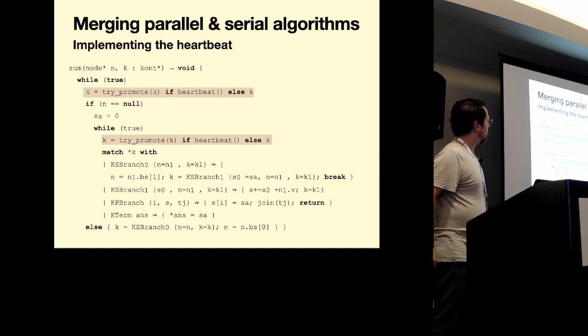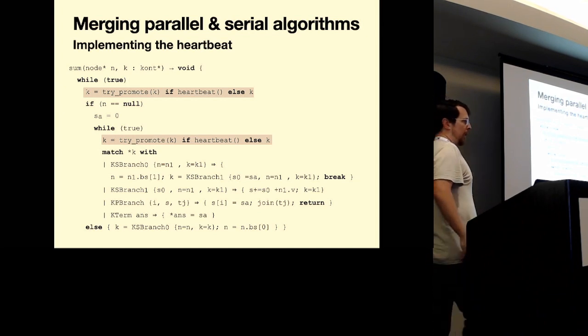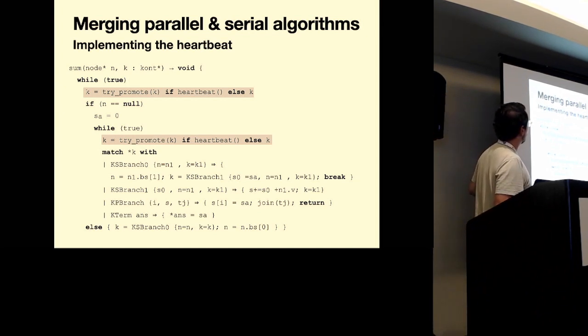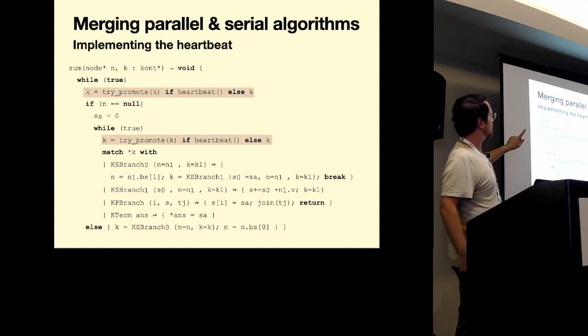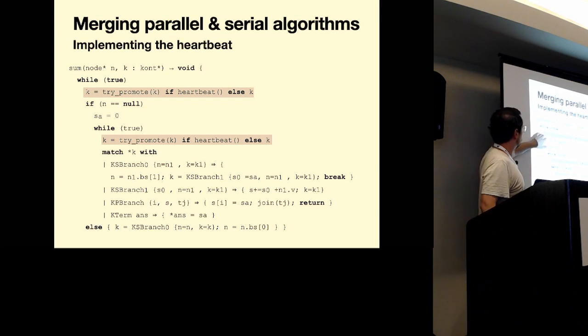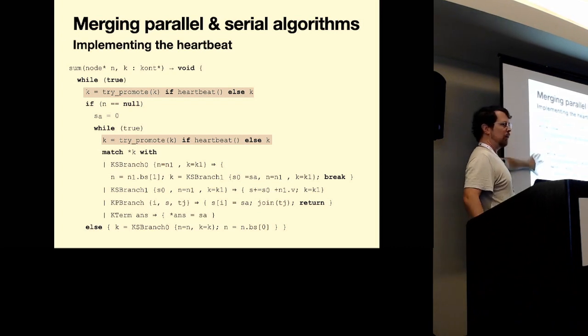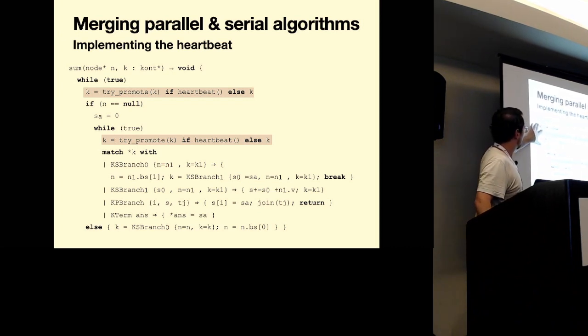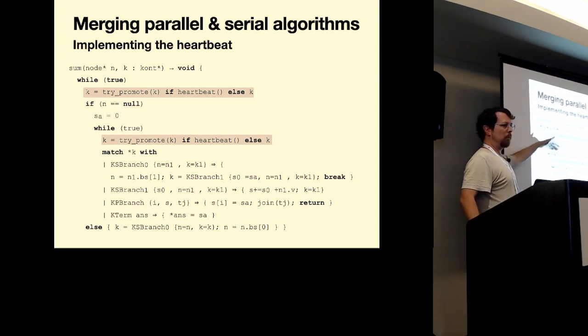Now let's map that idea back to our algorithm. The first step is we have to introduce the heartbeat into the program. So this is our sequential program. We have to introduce what you might call a promotion point.